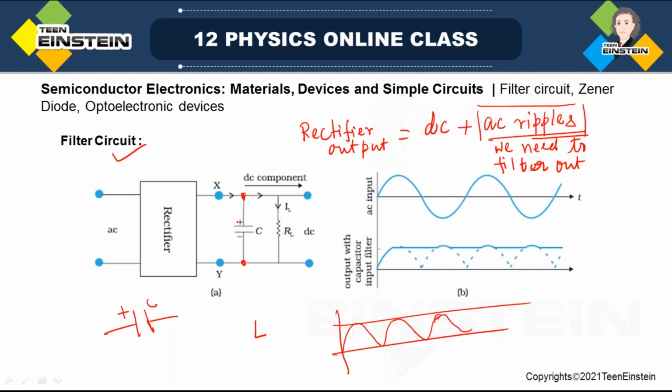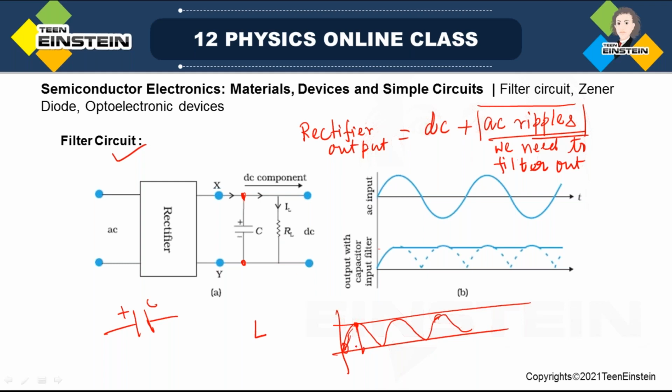In other words, when the voltage of the pulsating output increases to some peak value, then this capacitor gets charged up to this peak voltage. The capacitor is chosen in such a way that its peak voltage should be the same as the peak voltage of the rectifier output. So that is how we can do it.